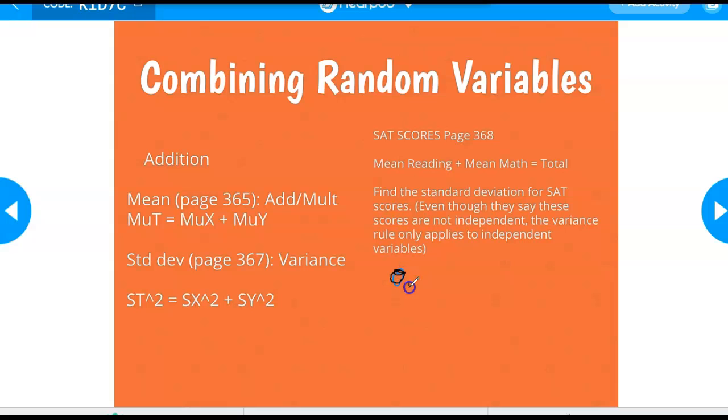Standard deviation of T, the total. And again, I mentioned it kind of looks like the Pythagorean theorem, a squared plus b squared equals c squared. So then we square root both sides to come up with the standard deviation of T.